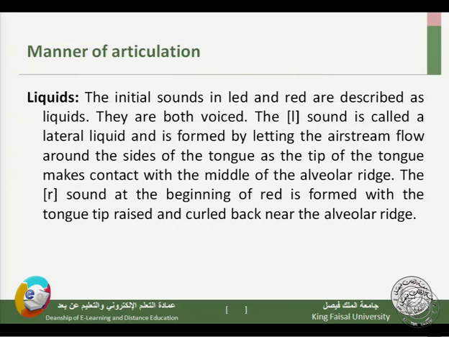The L sound is called a lateral liquid and is formed by letting the airstream flow around the sides of the tongue. So the air will not go in one block, but in two ways, around the sides of the tongue, as the tip of the tongue makes contact with the middle of the alveolar ridge.